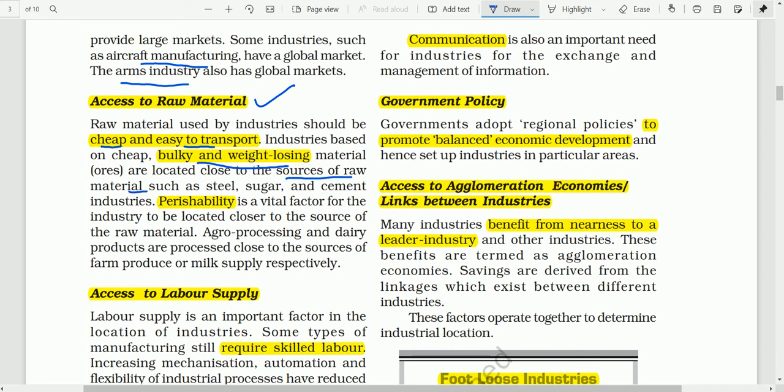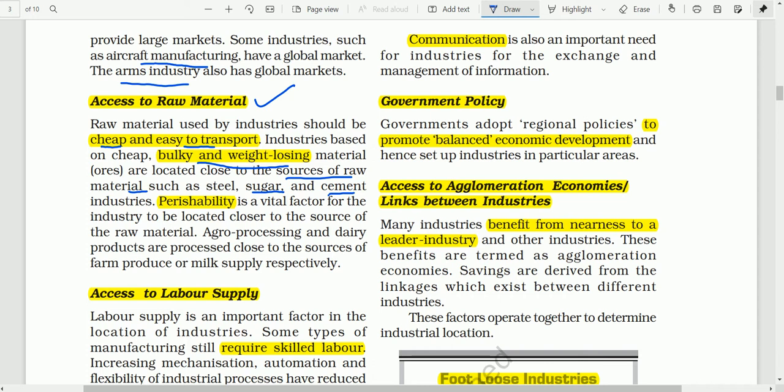Okay, industries using bulky and weight-losing raw materials are located near the source of the raw material, such as the iron and steel industry, then the sugar industry, then cement industries. Here, perishability is a vital factor for the location of industries.